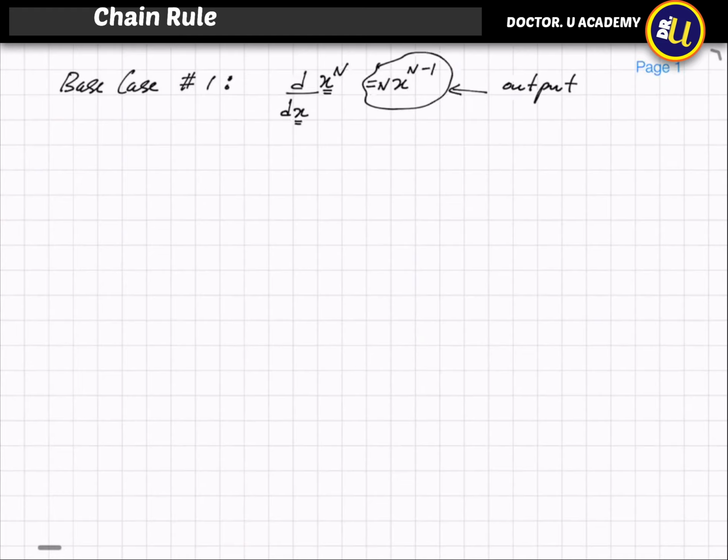Now suppose you have d/dx here, so the operator would be d/dx, but your function is (x+1) raised to the power n. According to base case number 1, to have an output, you should have x here, and that should be differentiated with respect to x.